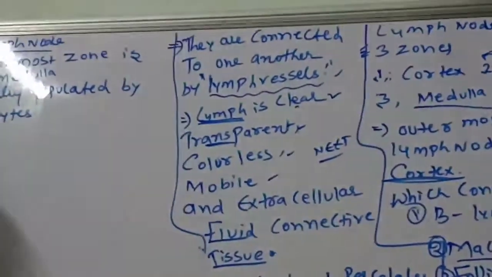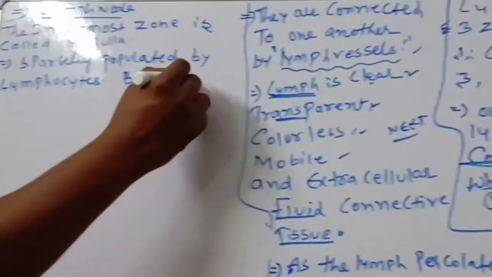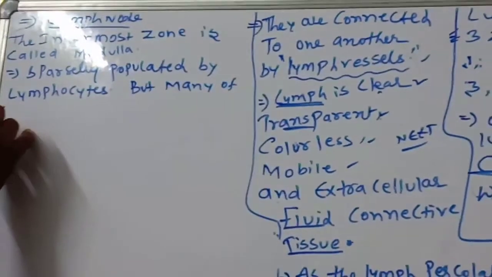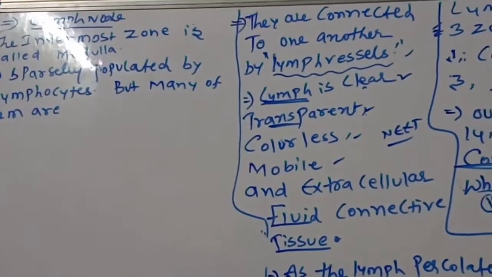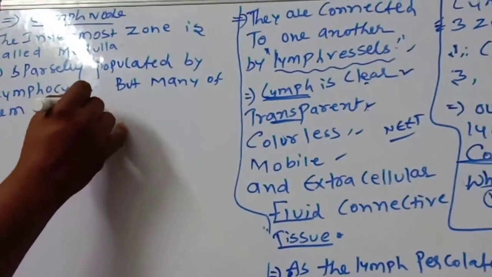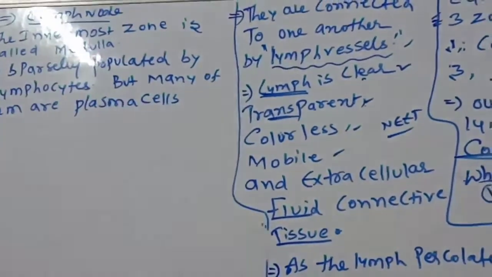But many of them are plasma cells. Plasma cells are there in the medulla.